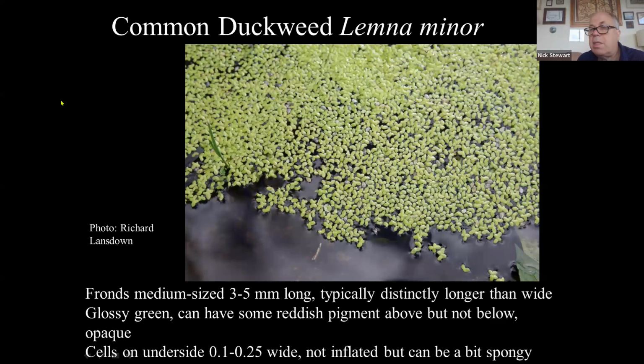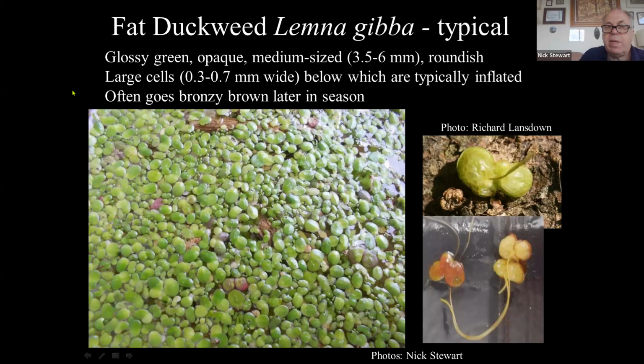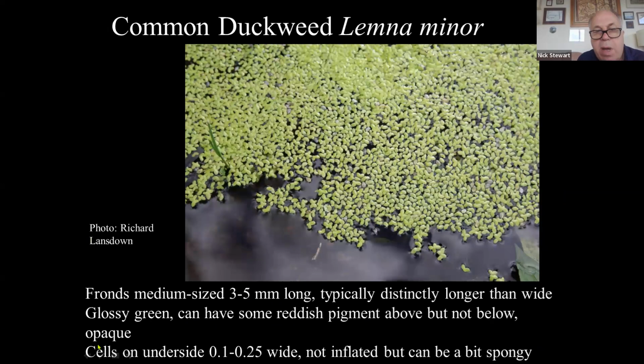The other thing, if I go back to the previous slide, is that very typically Lemna gibba is very glossy green and quite a round frond. It's slightly longer than wide, but it's definitely almost a circular frond. Whereas Lemna minor tends to be more obviously elongate.